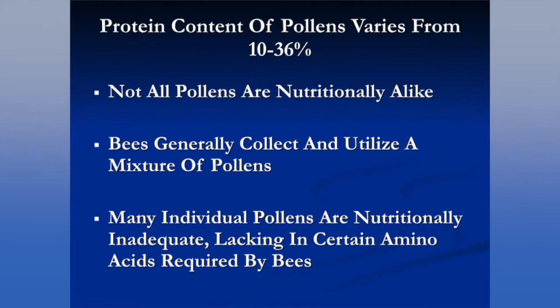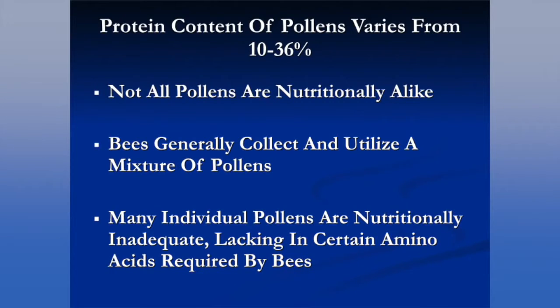And those, to the bees, even though there is a quantity of pollen, are nutritionally very, very poor. So it's the pollen from the floral sources that are most important.